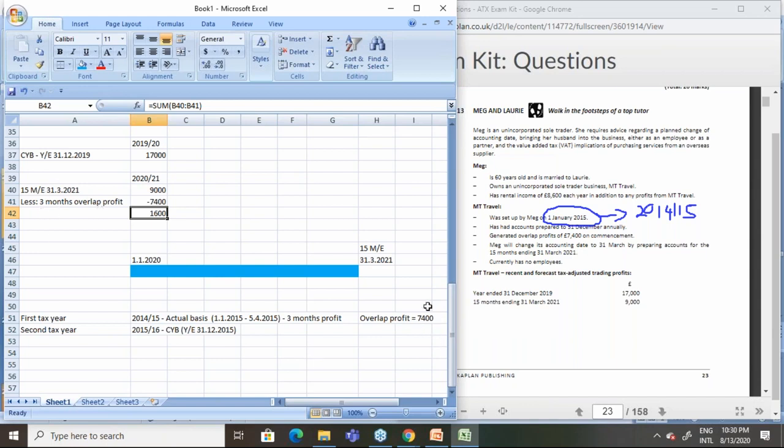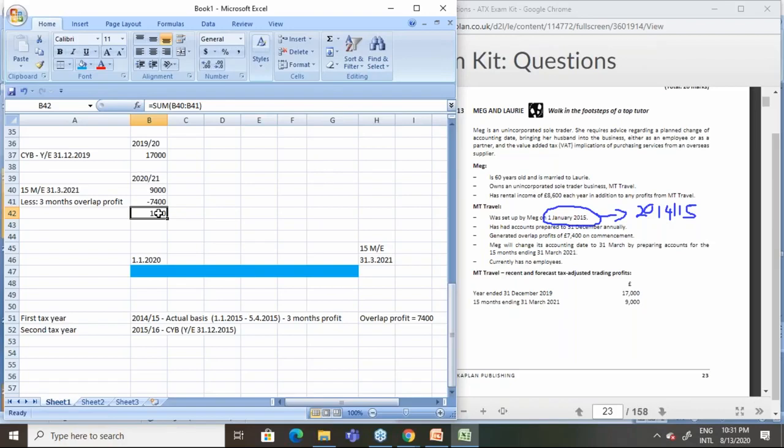But here we have exactly 3 months overlap profit. So from 15 months, when you deduct 3 months overlap profit, it becomes 12 months, and the assessable profit would be 1,600.